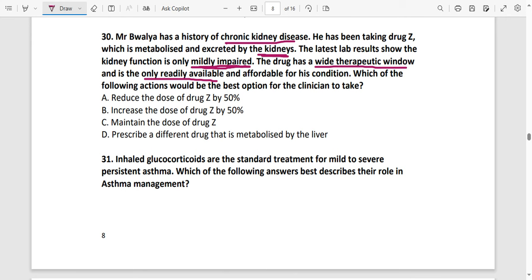Remember for that other scenario, we are metabolizing the drug in the liver. The problem was in the kidney, so we maintain the dose. But here we are metabolizing the drug in the kidney, and then the same kidney is mildly impaired. Yes, please.